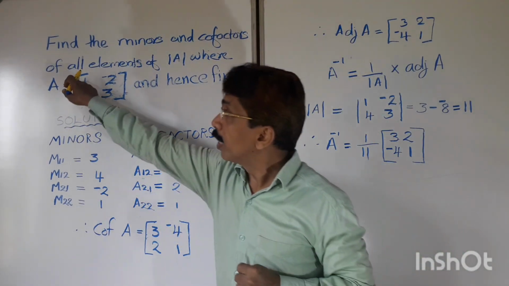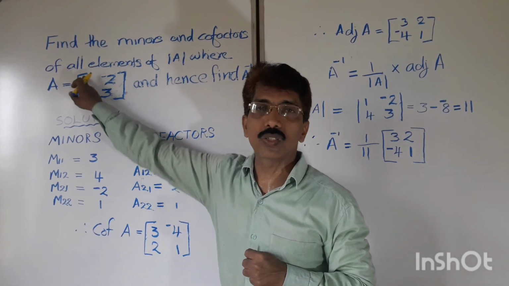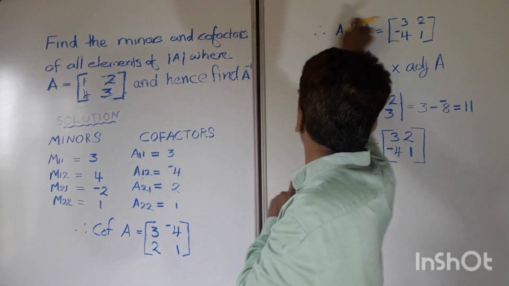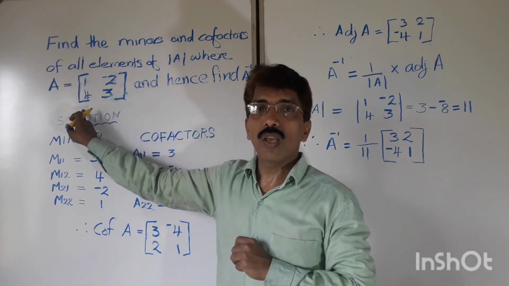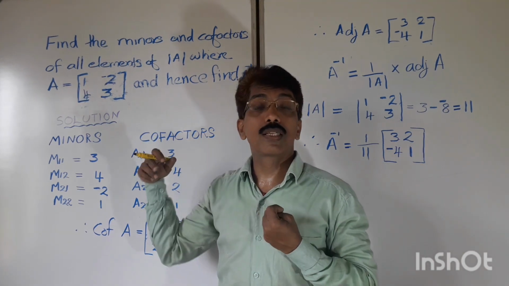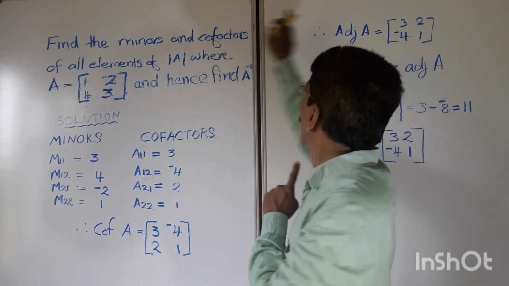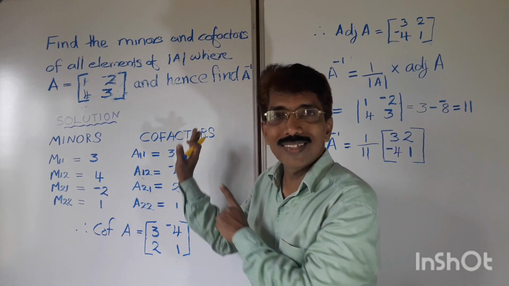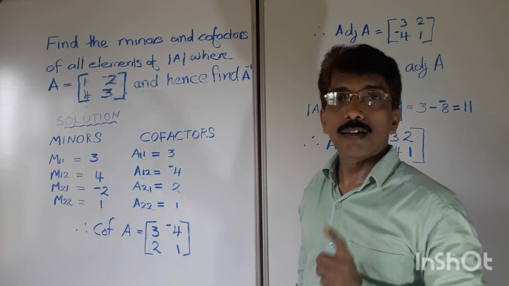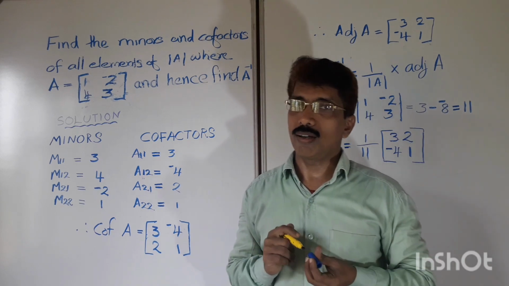So once again, you interchange the principal diagonal elements and change the signs of the other diagonal elements to write the adjoint easily. So there is no need of writing all these minors and cofactors; we can find it easily. Understand clearly? This way we can find A inverse. I think all of you understood clearly. Thank you.